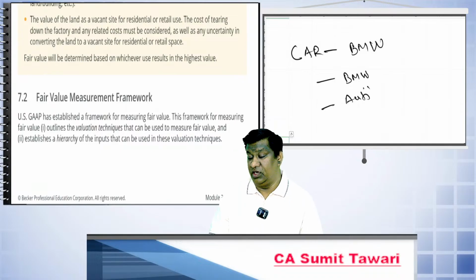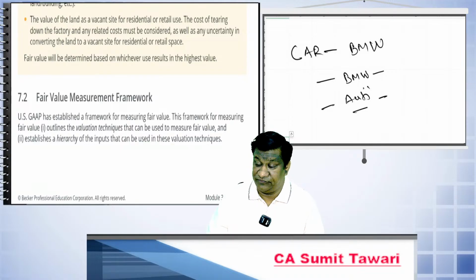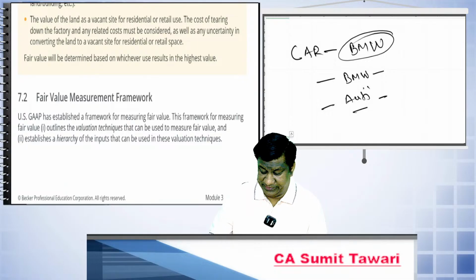Maybe in the last 10 days there is an active transaction of BMW and an active transaction of Audi. Which reference are you going to take for valuation of your BMW? Any guess?